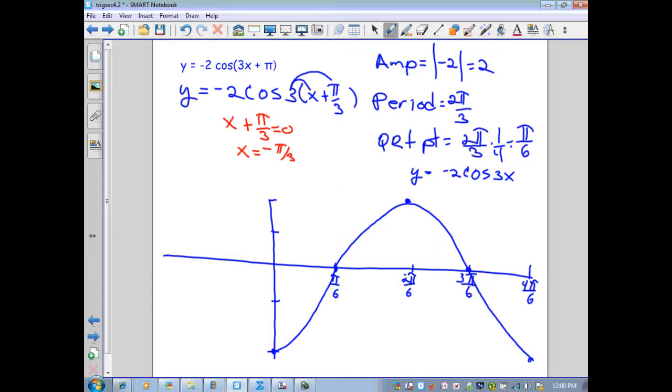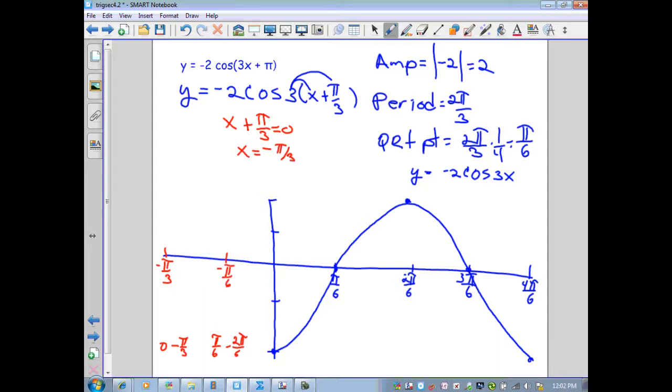So let's continue by doing that. My first quarter point, 0 minus pi over 3, will give me negative pi over 3. Then pi sixths minus pi over 3, or 2 pi sixths, is going to give me negative pi sixth.